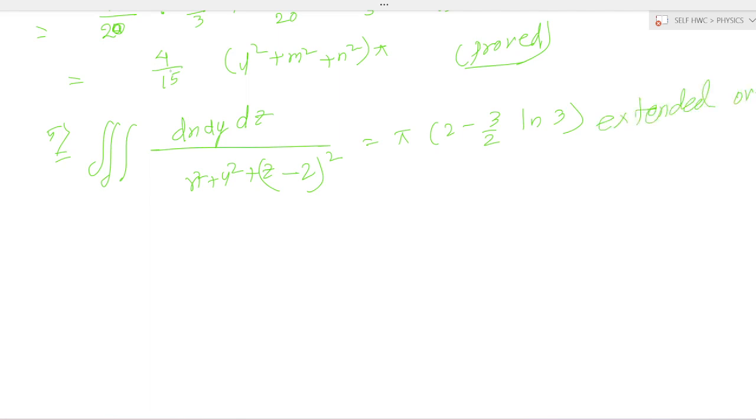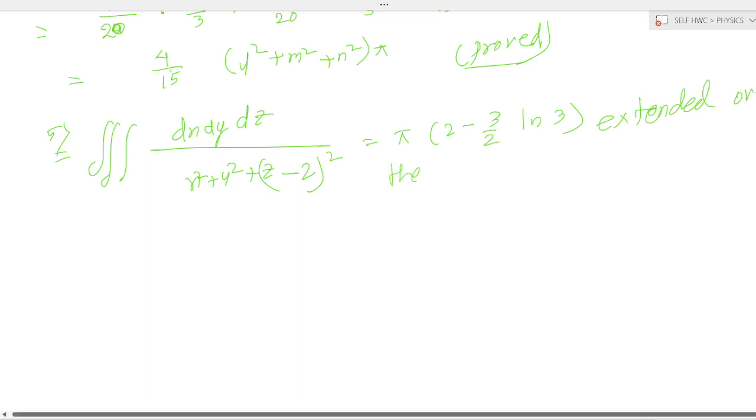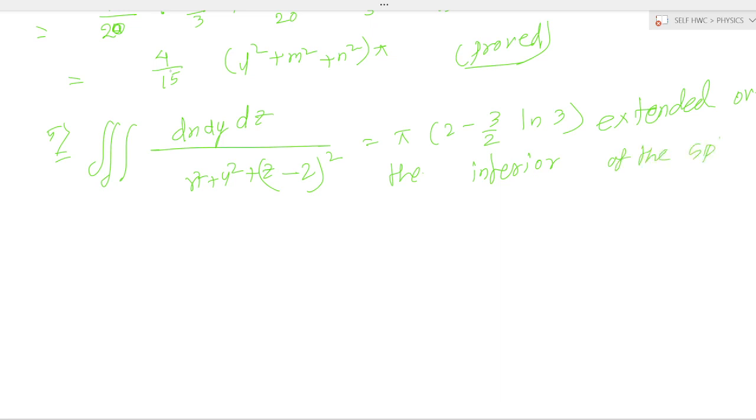Extended over the interior of the sphere x² + y² + z² = 1. How to solve this problem?